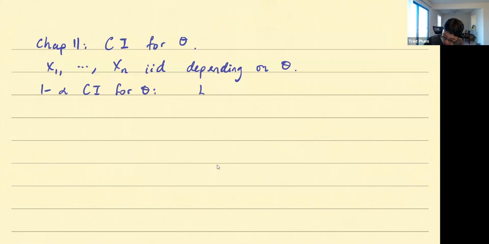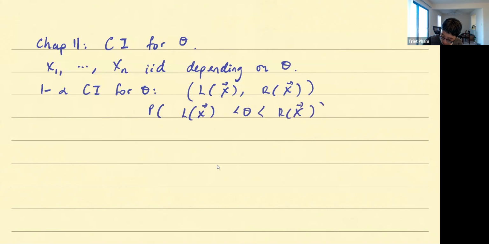meaning that something of this form, two statistics that depend on the sample, so that the probability that theta is in this interval is 1 minus alpha. Okay.